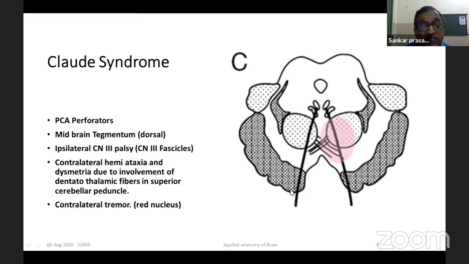In the dorsal midbrain tegmentum, ipsilateral cranial nerve 3 fascicles are involved, with contralateral ataxia and dysmetria from involvement of dentato-thalamic fibers in the superior cerebellar peduncle. The dentato-rubro-thalamocortical tract takes impulses from the cerebellum to the cortex, and you have contralateral tremor also. So contralateral hemiataxia with tremor is Claude syndrome.